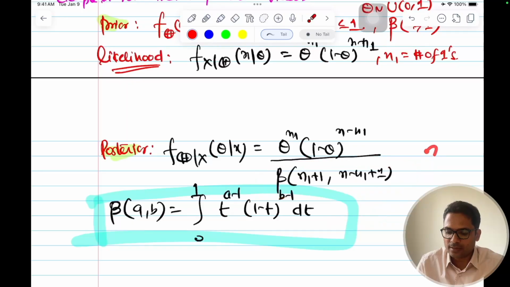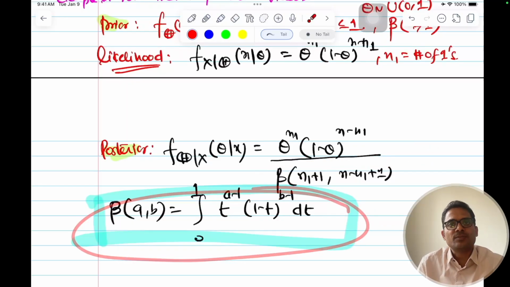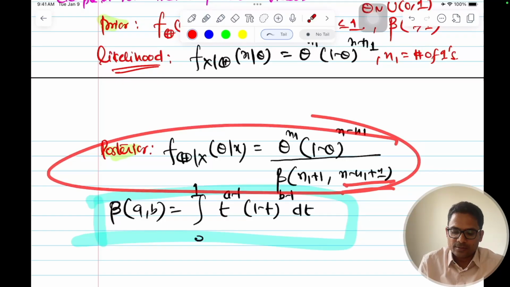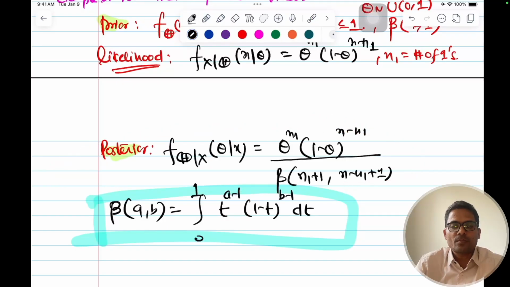As I told you, calculating integrals is difficult, and we use known distributions, and beta is one of them. If we plug this in, we got that this is a beta distribution with n1 plus 1 and n minus n1 plus 1 when theta was uniform.